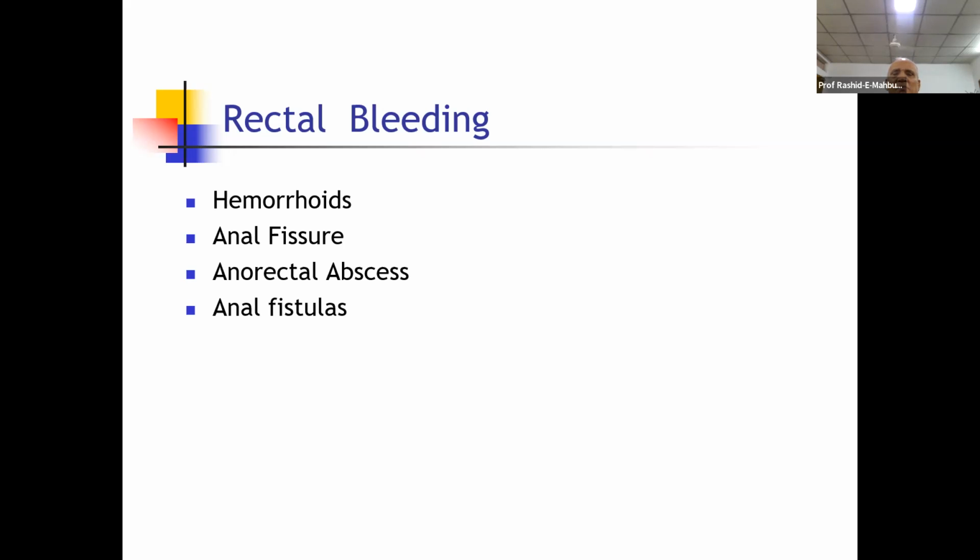So that is an important thing: you must check the anorectal region of a female patient in particular. And always remember that anal fissure is always associated with a skin tag. That is one of the reasons it is sometimes confused with hemorrhoids. A skin tag and hemorrhoids are not the same.